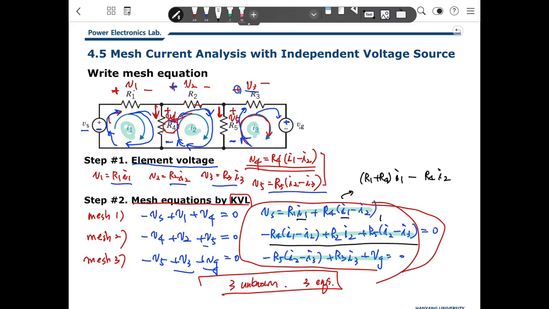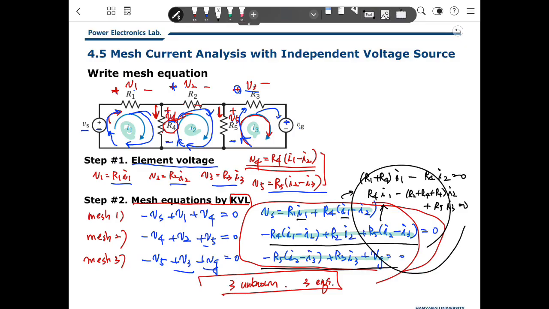In this case, minus R4 I1 plus (R2 plus R4 plus R5) I2 minus R5 I3 will be 0. And this is another one.